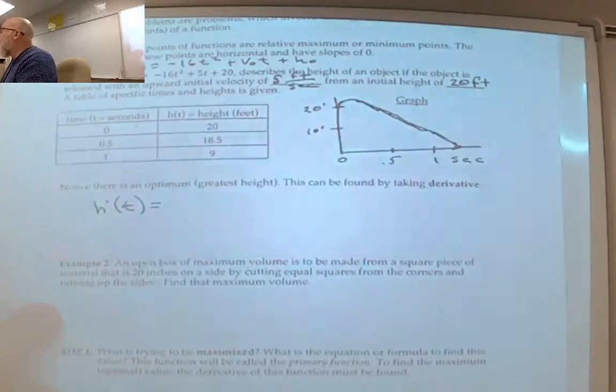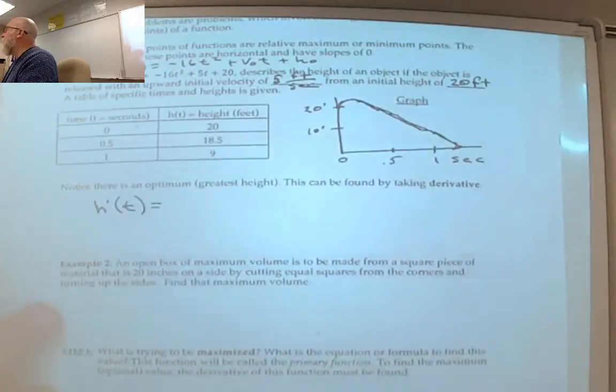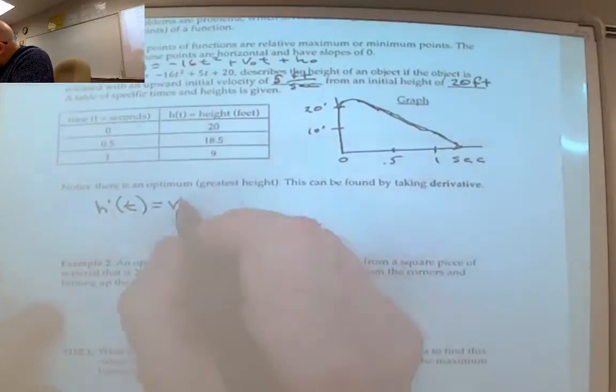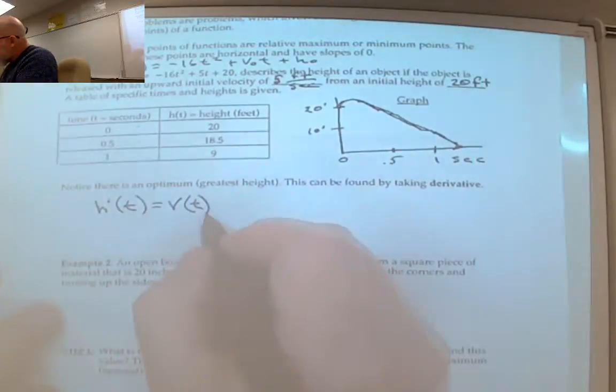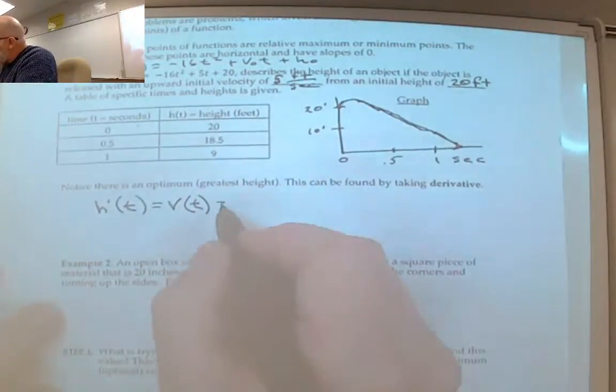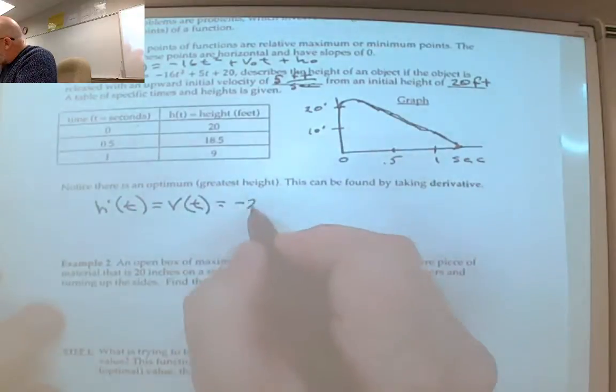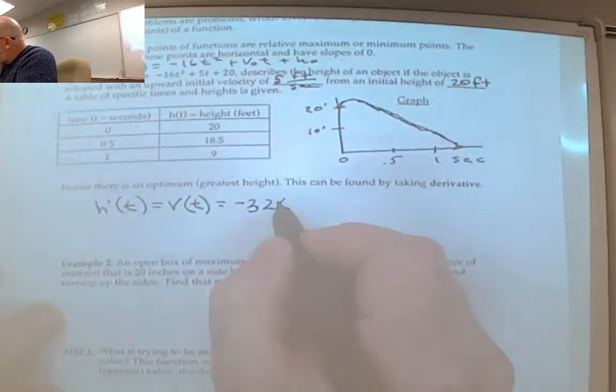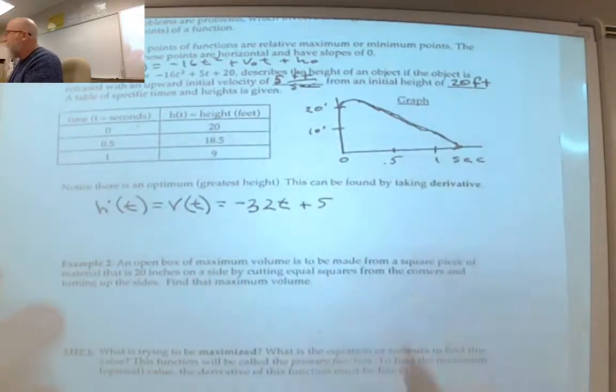Okay, let's go back to the physics. The ball's being tossed in the air, right? It has a different rate as every moment goes by. Velocity. And the velocity in this case would be negative 32t plus 5.